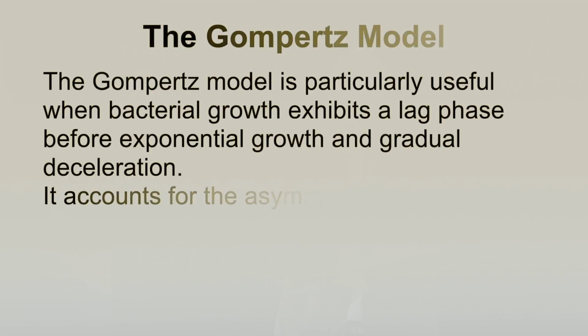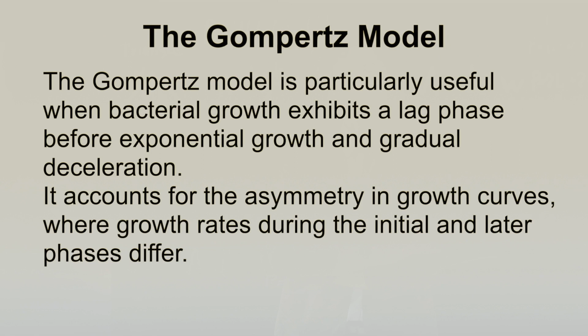The Gompertz model is particularly useful when bacterial growth exhibits a lag phase before exponential growth and gradual deceleration. It accounts for the asymmetry in growth curves, where growth rates during the initial and later phases differ.